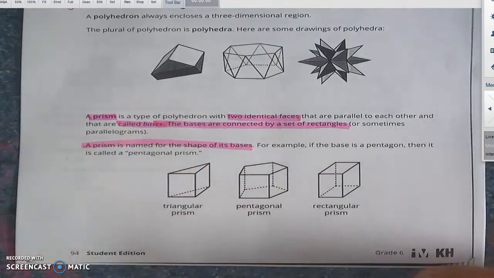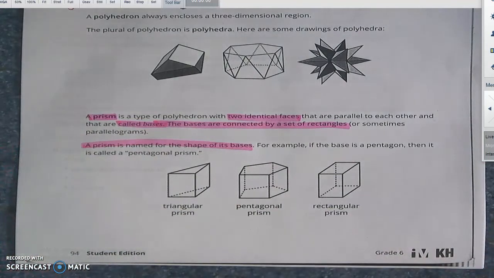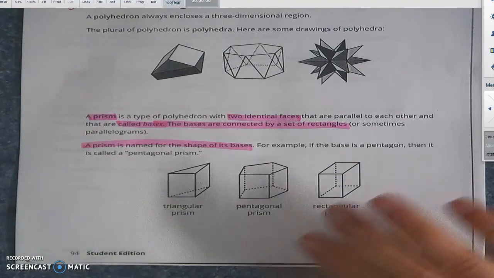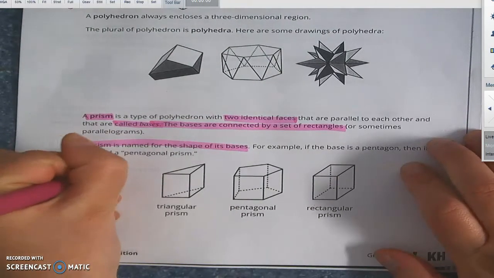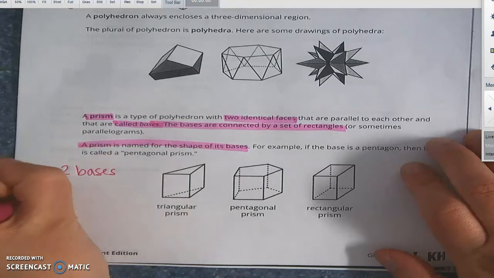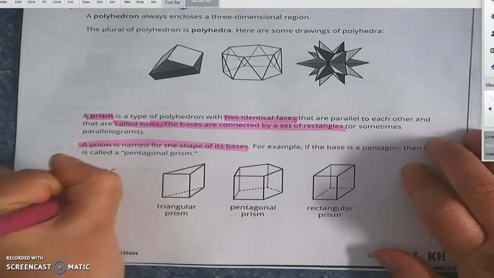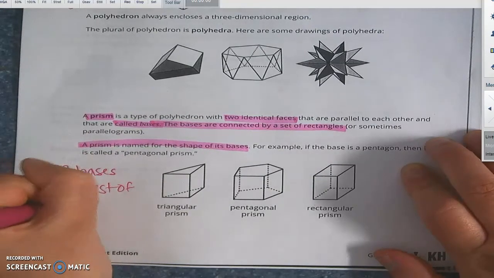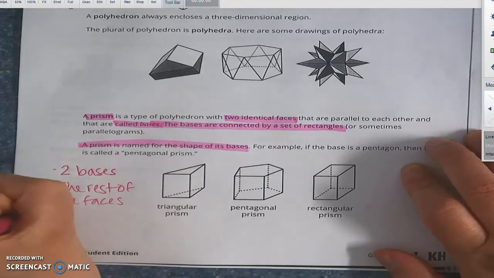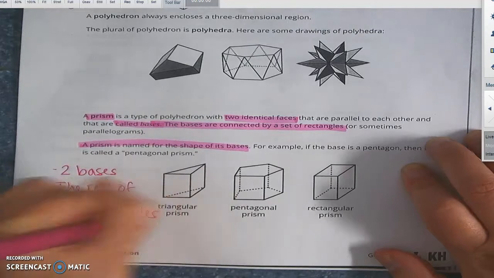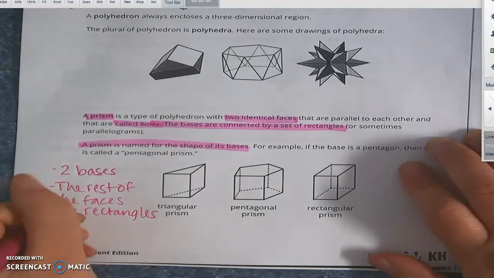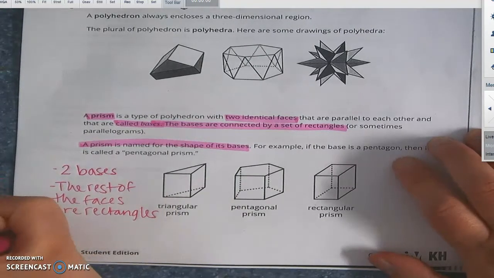For example, if the base is a pentagon, then it is called a pentagonal prism. So what do we know about prisms? They have 2 bases. The rest of the faces are rectangles. And they're named by the shape of the bases.